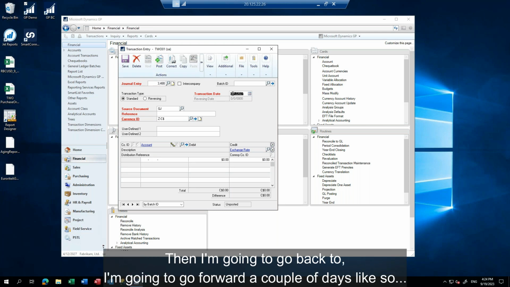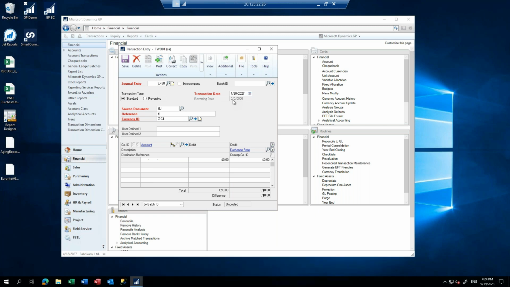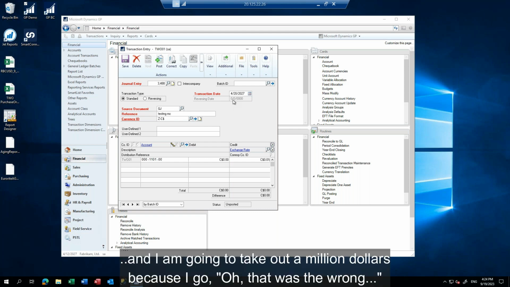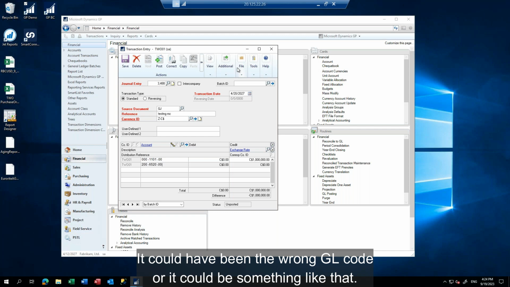Then I'm going to go forward a couple of days, like so. And I'm going to take out $1 million because I go, oh, that was the wrong, it could have been the wrong GL code, or something like that.